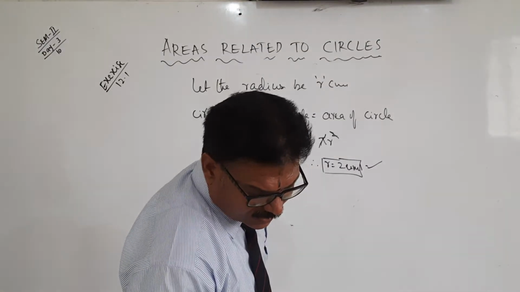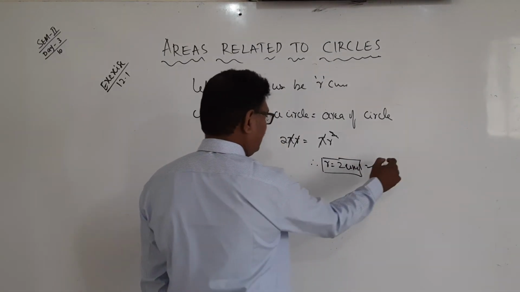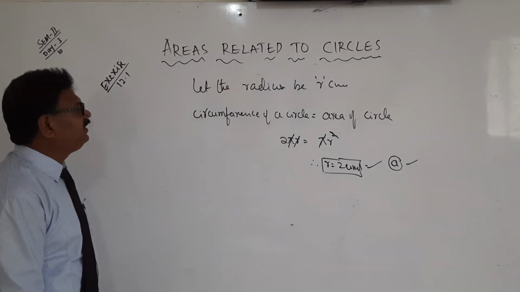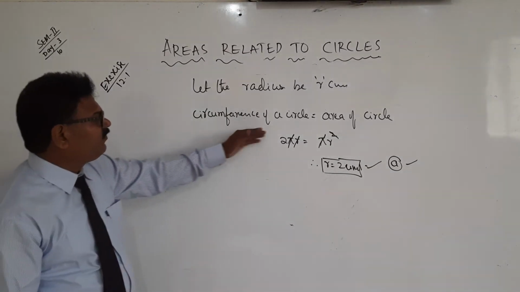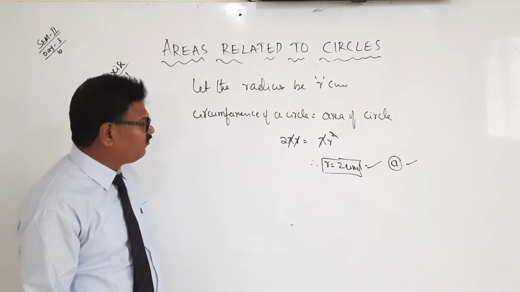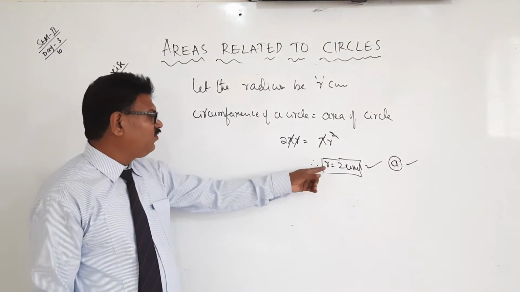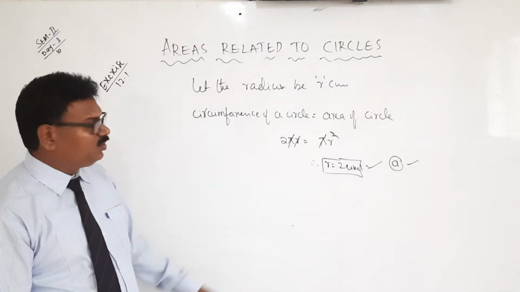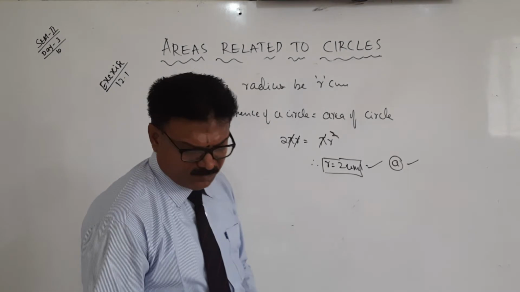Option A is the correct answer. Okay? Did you understand? He has given, if the circumference of the circle is equal to area of the circle, then find the value of the radius. Then it is nothing but 2 units.